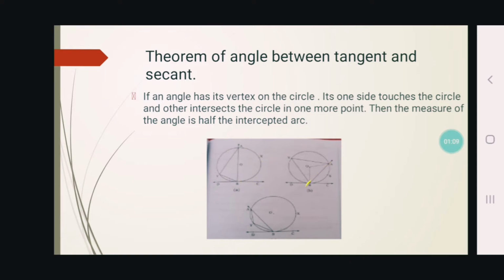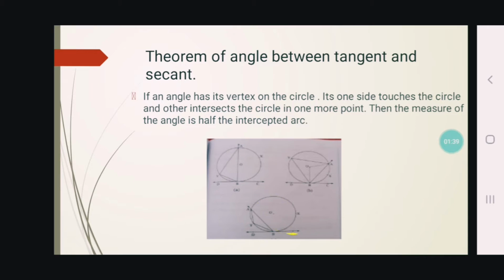The angle so forming over here is also one in which one of the sides touches the circle and the other one intersects the circle at one more point, and the measure of this angle is half the intercepted arc. Same way here, the angle so forming is an obtuse angle, more than 90 degrees, and the measure of this angle is half the intercepted arc.